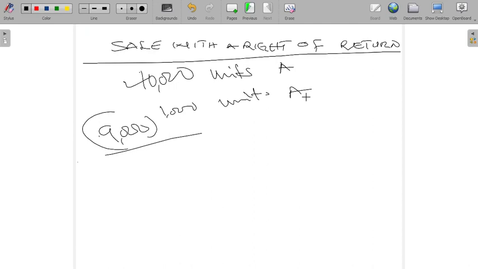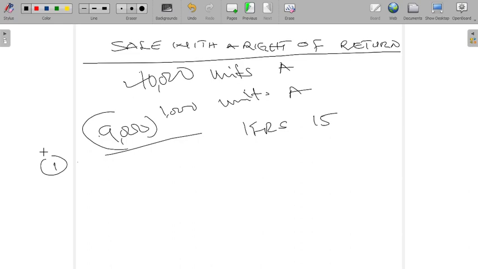Because according to IFRS 15, which is revenue from contracts with customers, goods sold with the right of return to customer should be treated as one. We have to now be careful with these conditions according to IFRS 15.